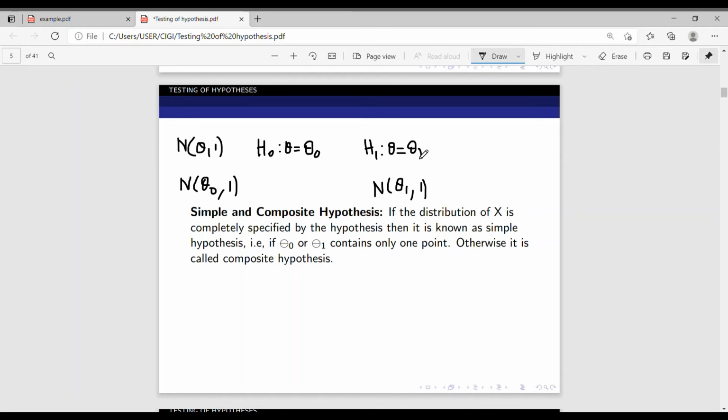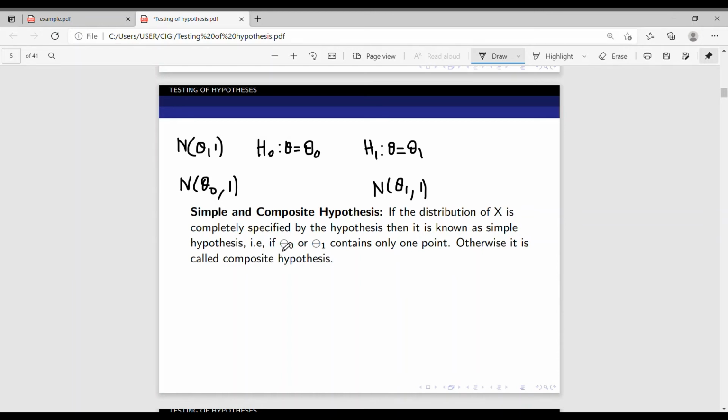We get exact information about the parameter theta, and hence the distribution of capital X is completely specified. Such a hypothesis is known as a simple hypothesis.